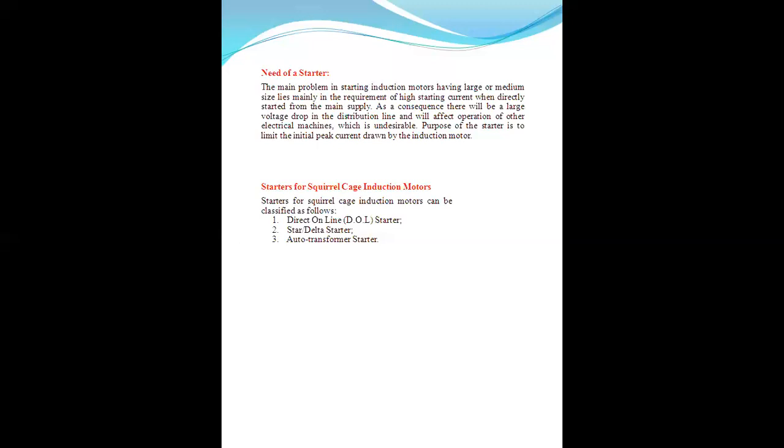During starting, if the starting current is very high, it can burn down those insulations. So in order to restrict the starting current within a safe limit, the starter is given in the induction motor. The starters for the squirrel cage induction motor are classified as direct online, that is DOL starter, star-delta starter, and auto transformer starter.